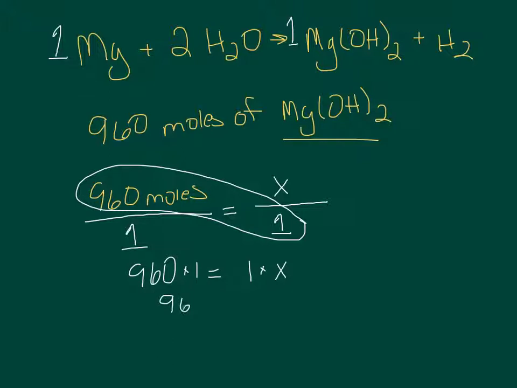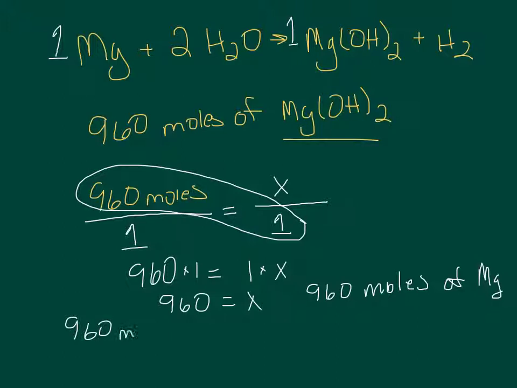That's just 960 equals x. So I also have 960 moles of Mg, magnesium. So that's my step 4.